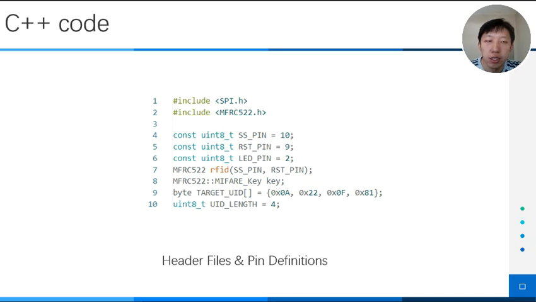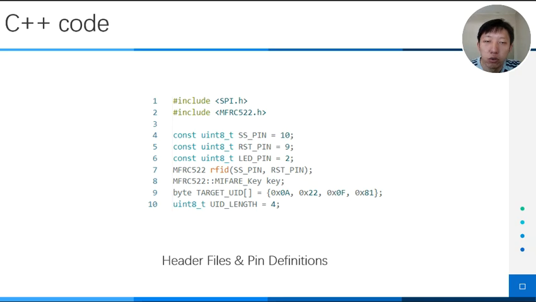The SPI library is the communication language between RFID and Arduino, and the MFRC522 library is dedicated to controlling the RFID module. Without these two libraries, the RFID can't be operated.